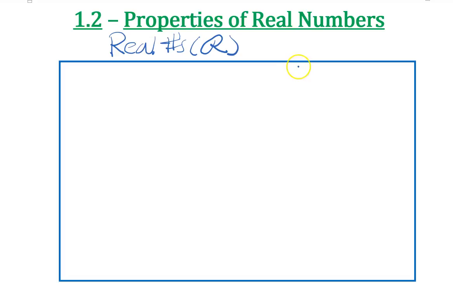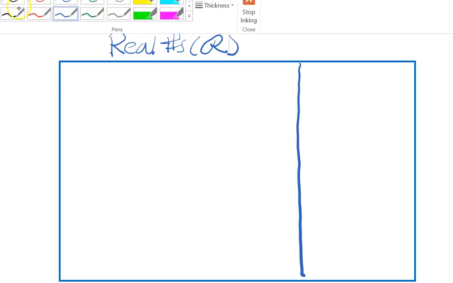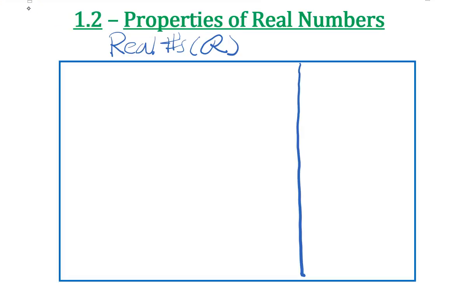I'm going to take the real number system, this box, and I'm going to break it down into two categories. One side is going to be a little bit larger than the other, so you should draw it that way in your notes. I'll switch colors here so that we can differentiate between things. And the first category is going to be the set of rational numbers.